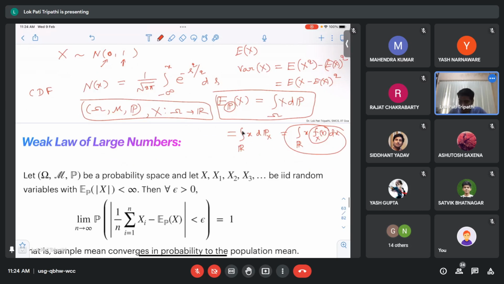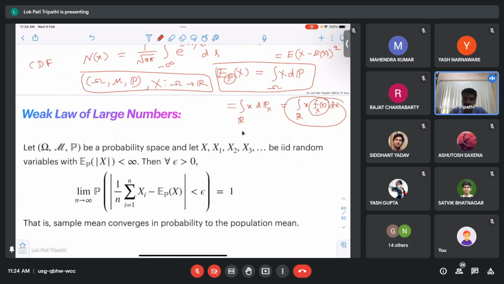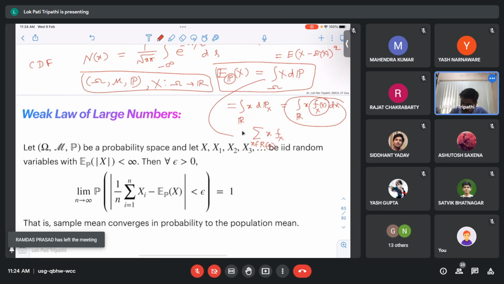And of course, if x is a discrete random variable, then it will become a discrete sum, right?